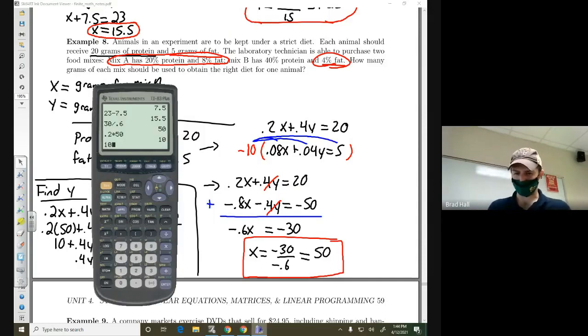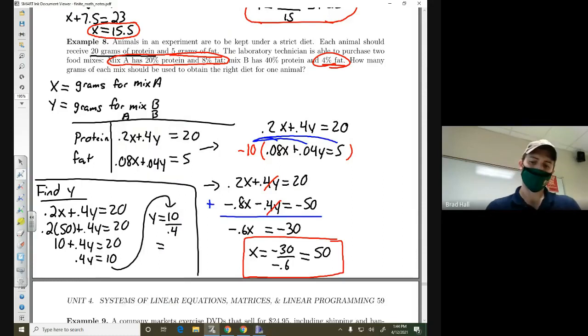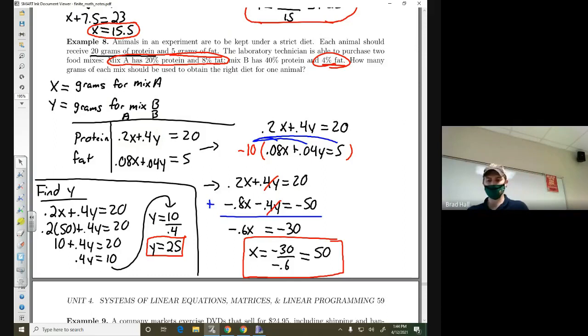Wait, no. 25, yeah. So y is 25. So grams for A would be 50, grams for B would be 25.